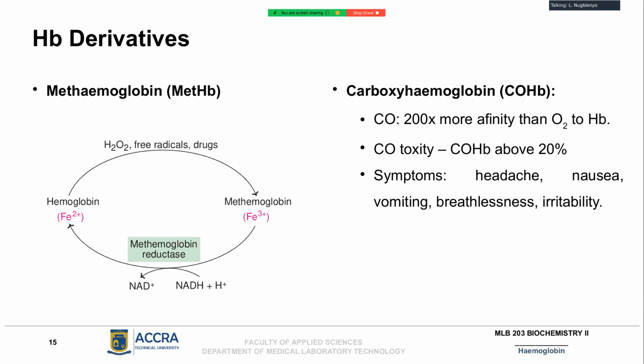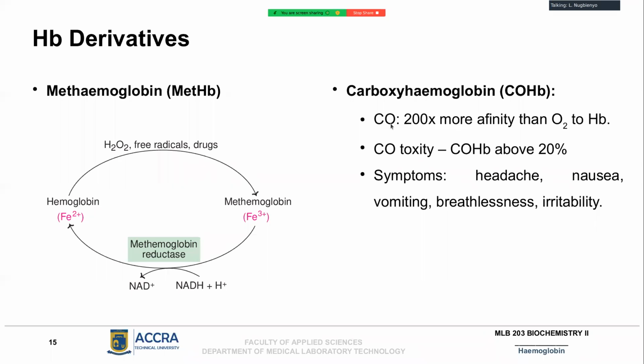That is going to cause you a lot of these symptoms like headache, your head turning, nausea, breathlessness, which is some kind of suffocation. And in very high amounts, if this persists for a long time, it can even result in fatality.